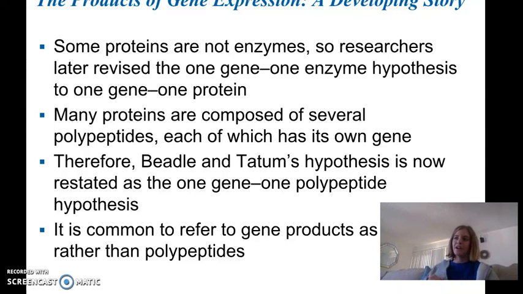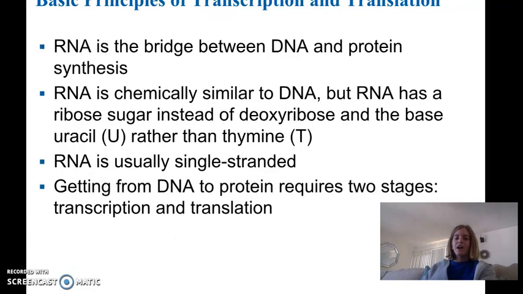Obviously, not all proteins are enzymes, and there are proteins that aren't enzymes that are coded for by genes. So we ended up with the one gene, one protein hypothesis. The way this works is through two processes known as transcription and translation, and RNA is the connecting bridge between DNA, our genes, and the proteins that get made.